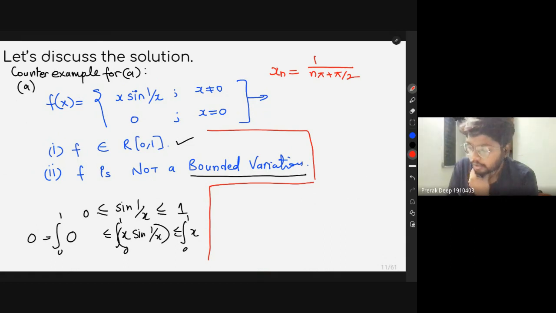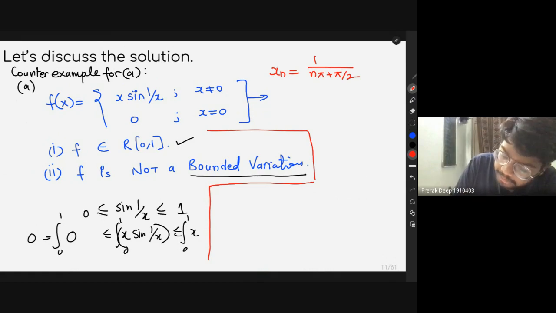If you take this partition of your interval 0 comma 1, then the problem will occur, because the value of sine at these points, sine of 1 over xn, will be just sine of n pi plus pi by 2.